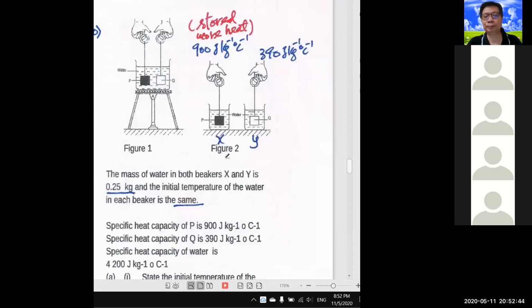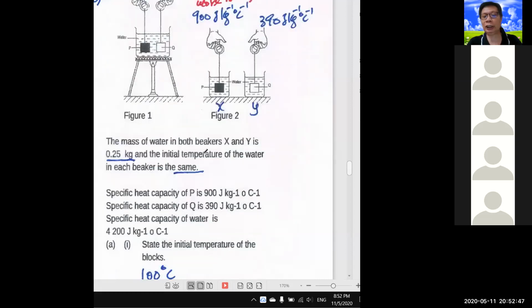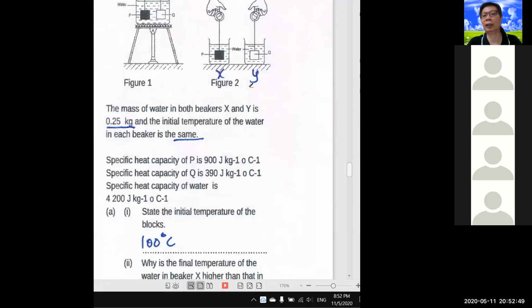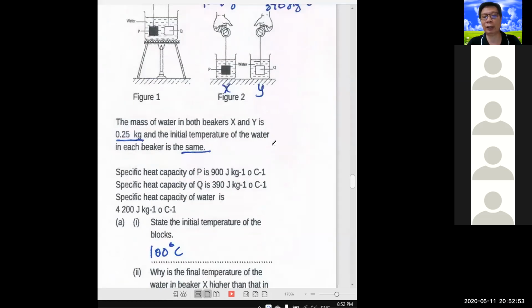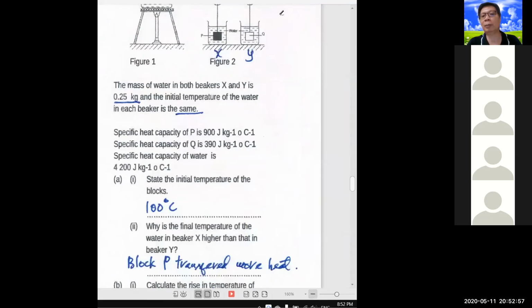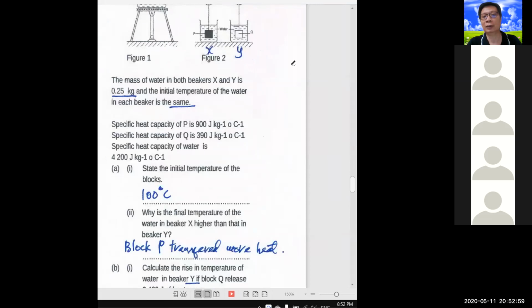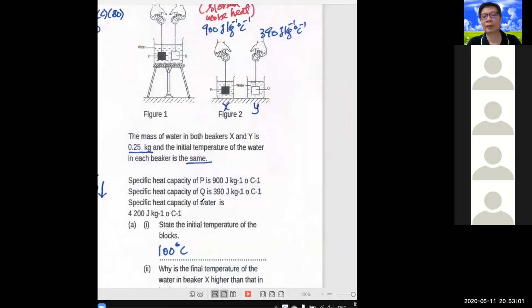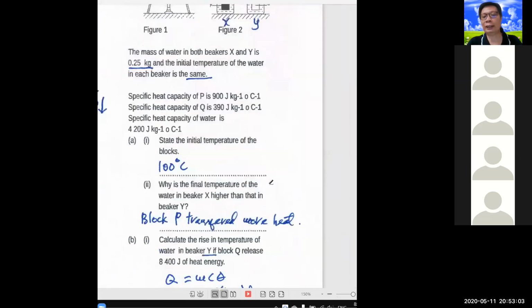Now, the initial temperature of the blocks is 100 degrees. Why 100? Because they were in boiling water. Next, why is the final temperature of beaker X higher than beaker Y?